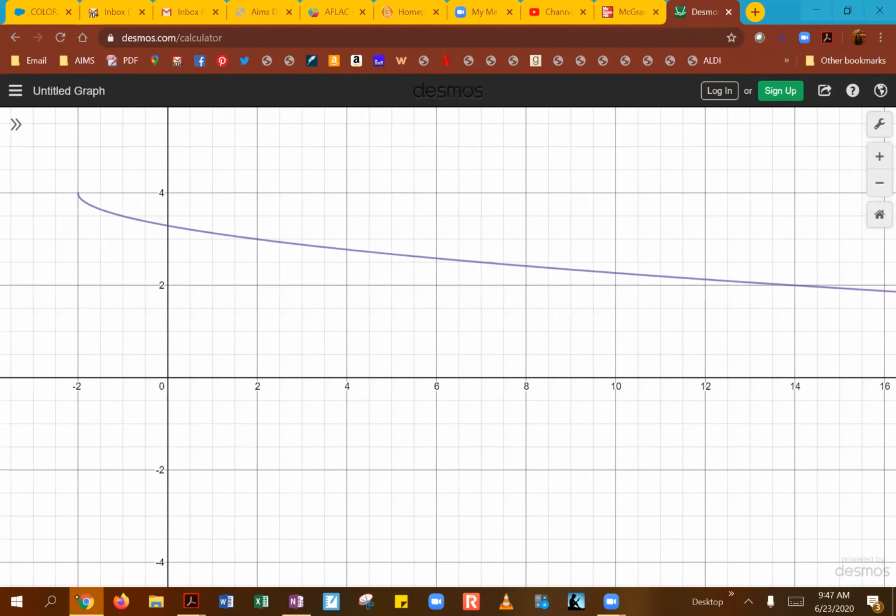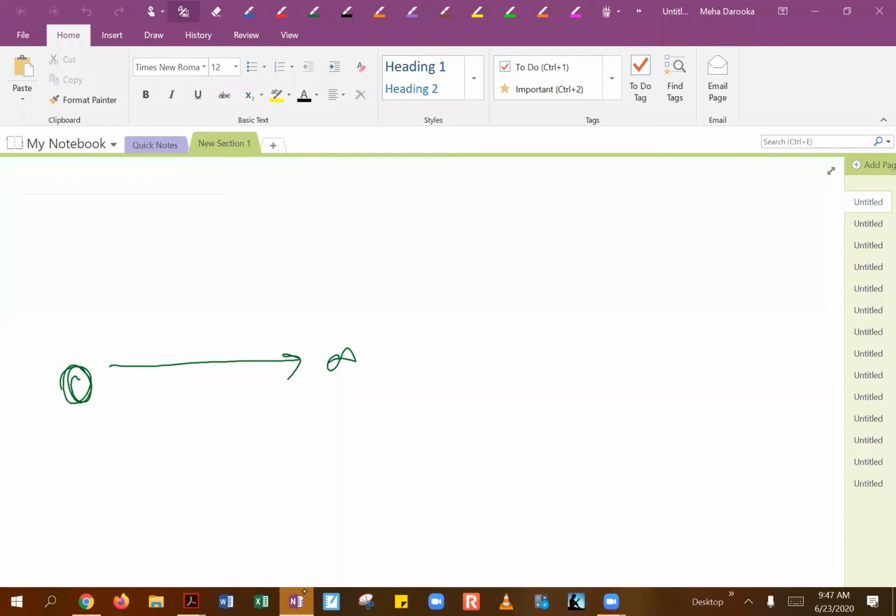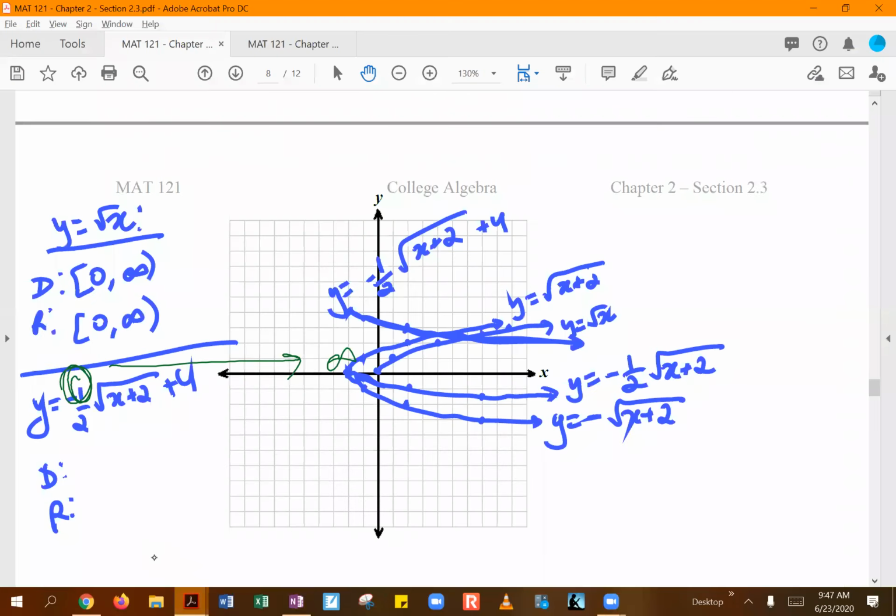You can see the leftmost point is right here in line with -2. And of course, our graph is headed to the right, so you are going towards positive infinity. So we are looking at a domain of going from -2 to positive infinity.